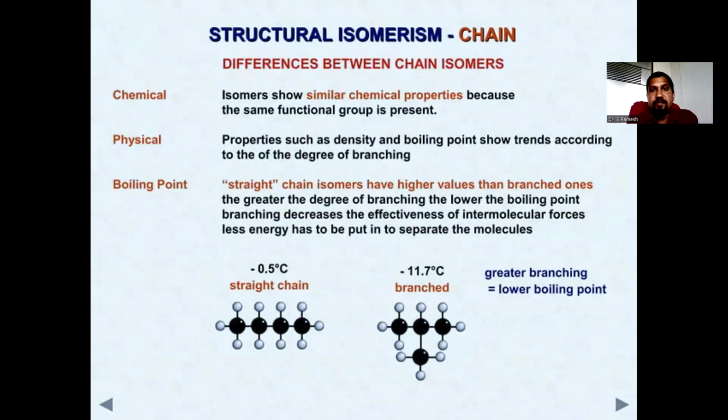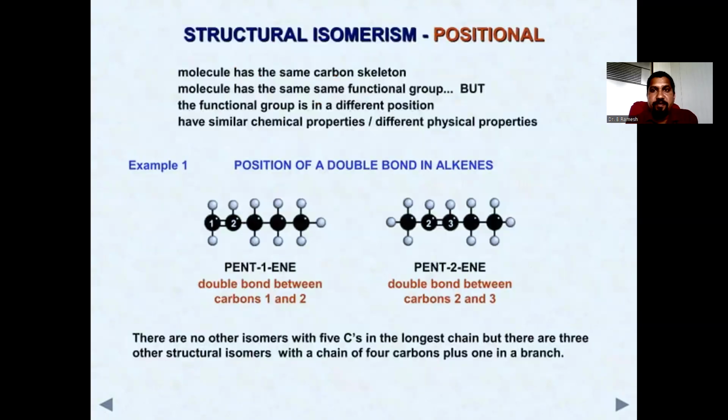Next, the same structural isomerism: we can take the same examples, straight chain and branched chain, which we saw in chain isomerism. Now we go to positional isomerism. Here I can speak about the position of the functional group, for example the double bond present in the carbons.